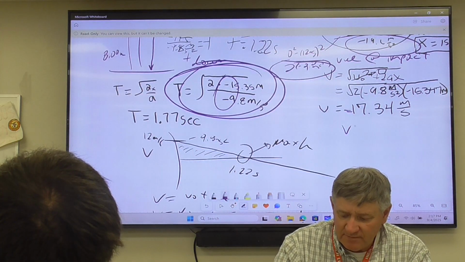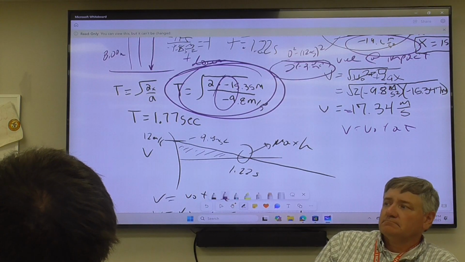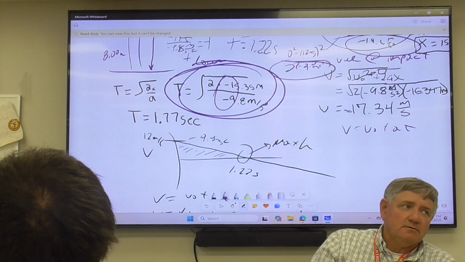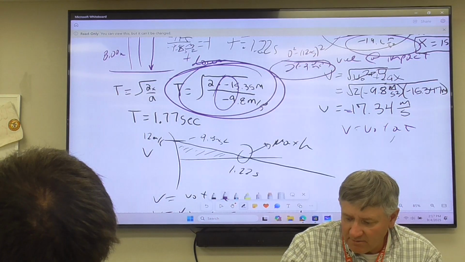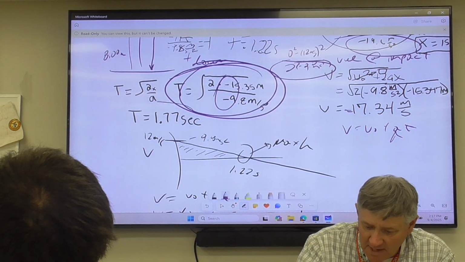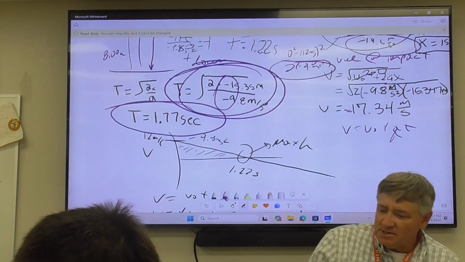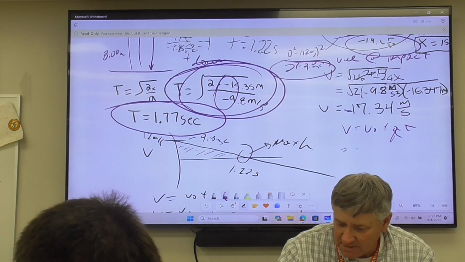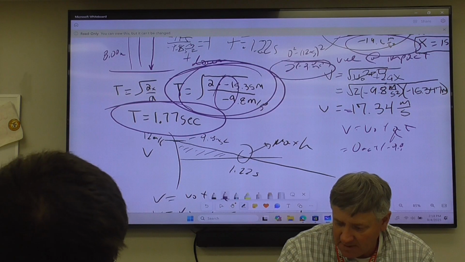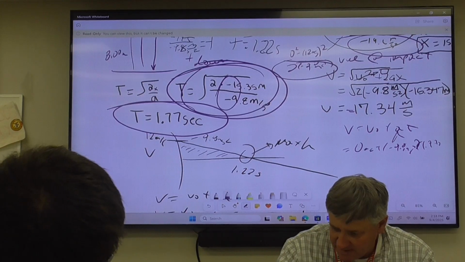Could you have used v equals v naught plus at? On the way down, what's your initial velocity? 0. Do you know your acceleration on the way down? Yeah. Negative 9.8. Do you know how long it falls from 0? 1.77. So this is actually a little bit easier because that's just negative 9.8 meters per second squared times 1.77 seconds.